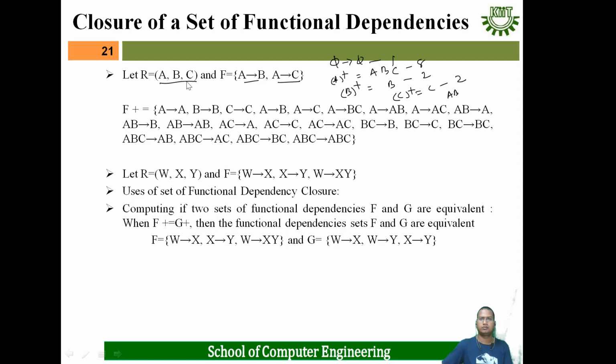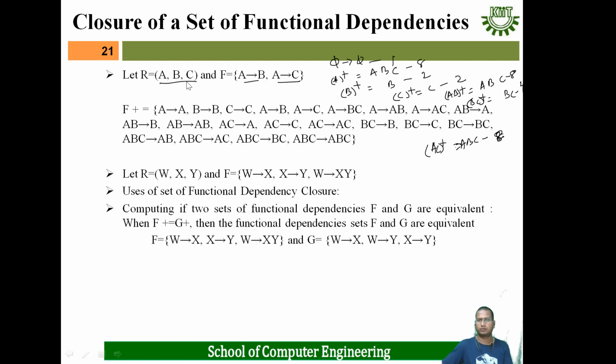Then AB closure will be your ABC, that means 2 to the power 3 is equal to 8. Then BC closure will be your BC, 2, that means 2 to the power 2 is equal to 4. Similarly, AC closure will be your ABC, 3, that means 2 to the power 3 is equal to 8.